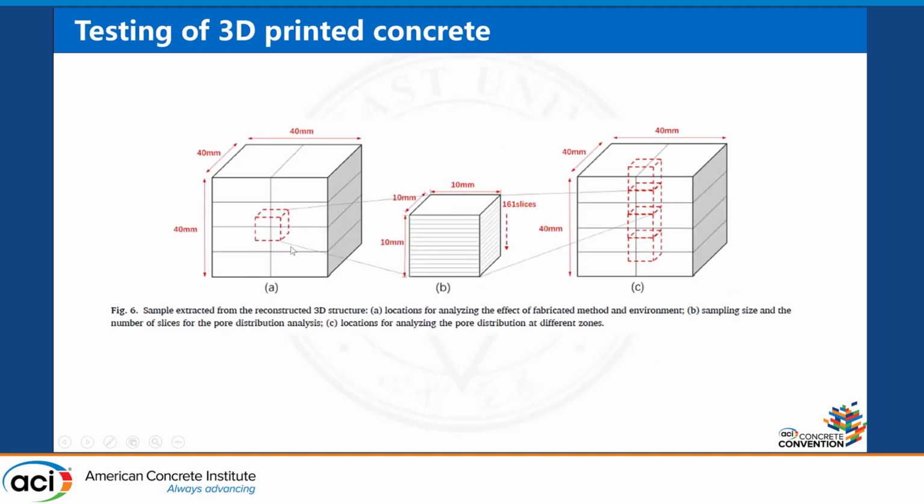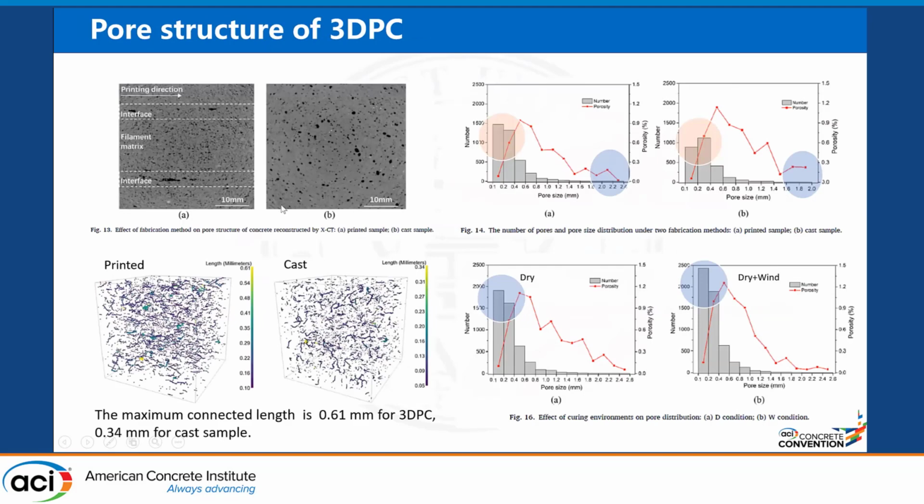We used X-ray CT to reconstruct the structure, and we extracted different parts to check the pore distribution of 3D printed concrete and compared it with the cast concrete. Here are some results.